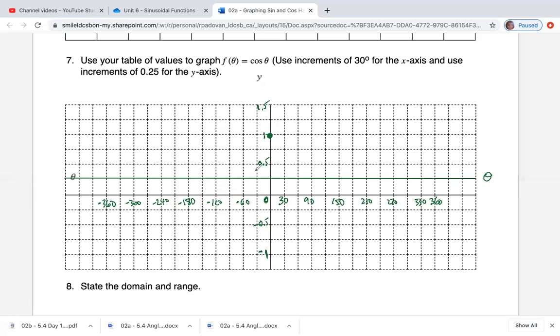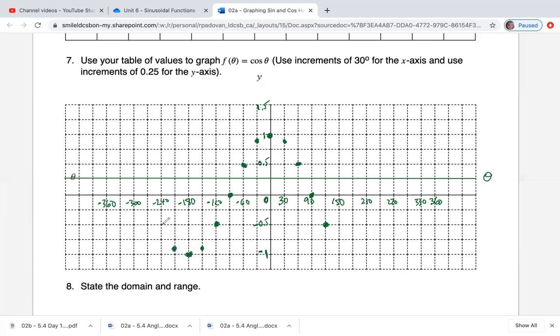And then cos of negative 30 is 0.9, and 30 is 0.9, and 60 is 0.5, negative 60 is 0.5, 90 is 0, and then at 120, I'm at negative 0.5. So at negative 120, I'm at negative 0.5. Negative 150, I'm at negative 0.9. And negative 180 is negative 1.